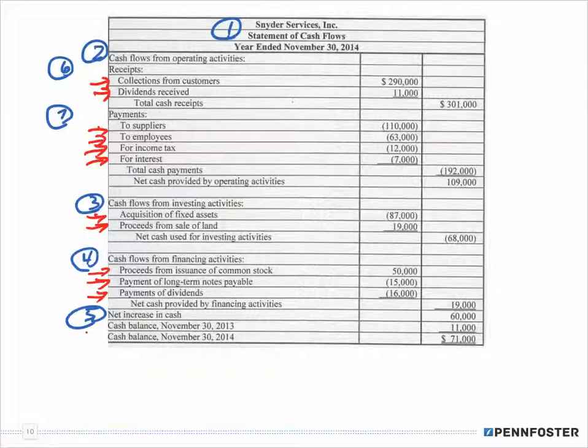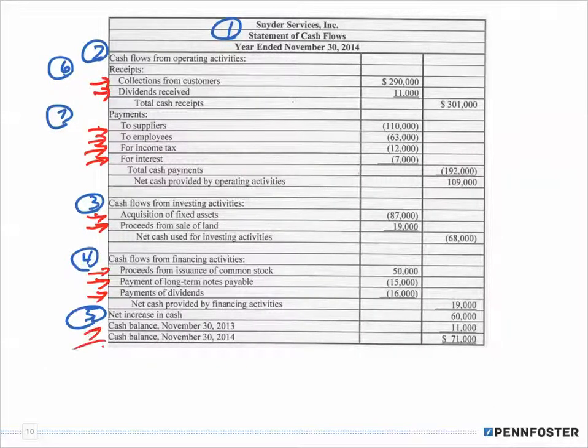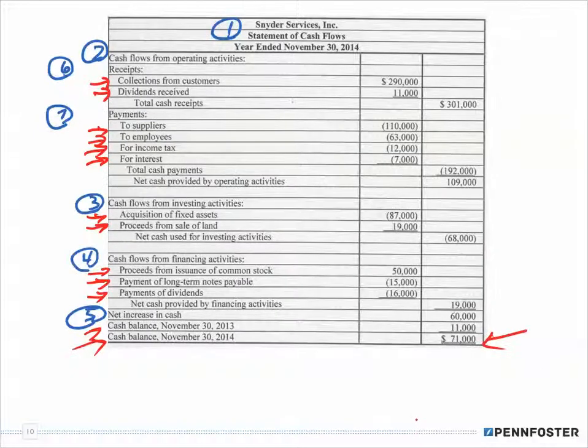And then down here, I will lastly put in my balances so that I have my cash balance at the end of that accounting period. Right. So that's how I go about doing it. All right.